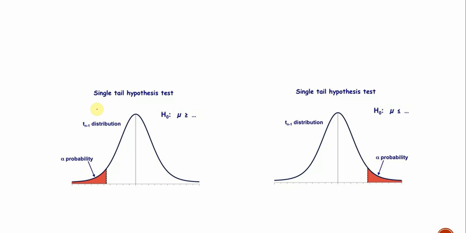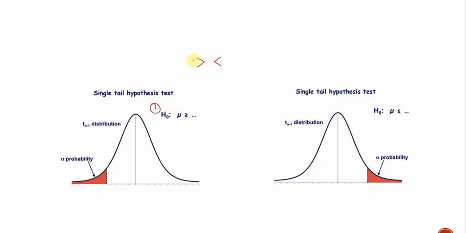So now how do we write a single-tailed hypothesis test? There are two cases. The first case is this one. That is when the rejection region is on the left-hand side. So an easy way to remember is when you write greater than and when you write less than symbol, you should see which side the mouth is opening for greater than symbol and which side the mouth is opening for less than symbol.